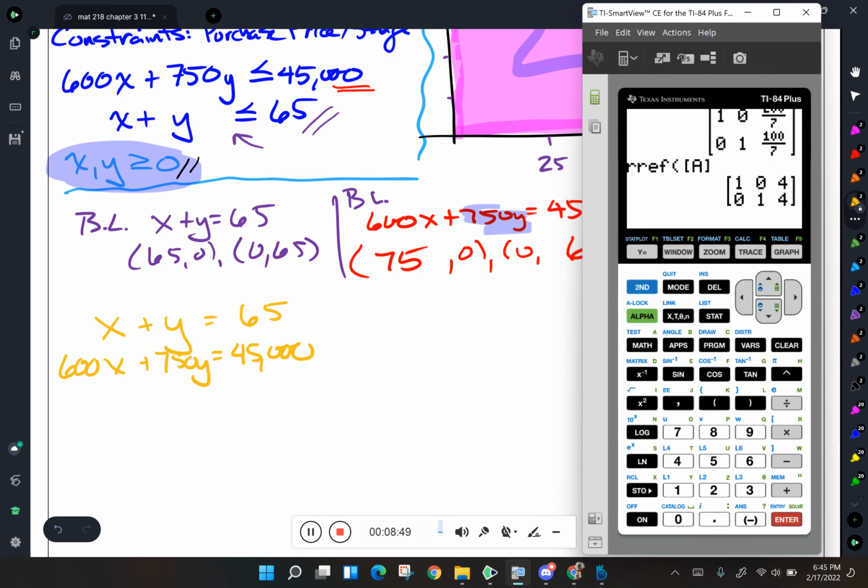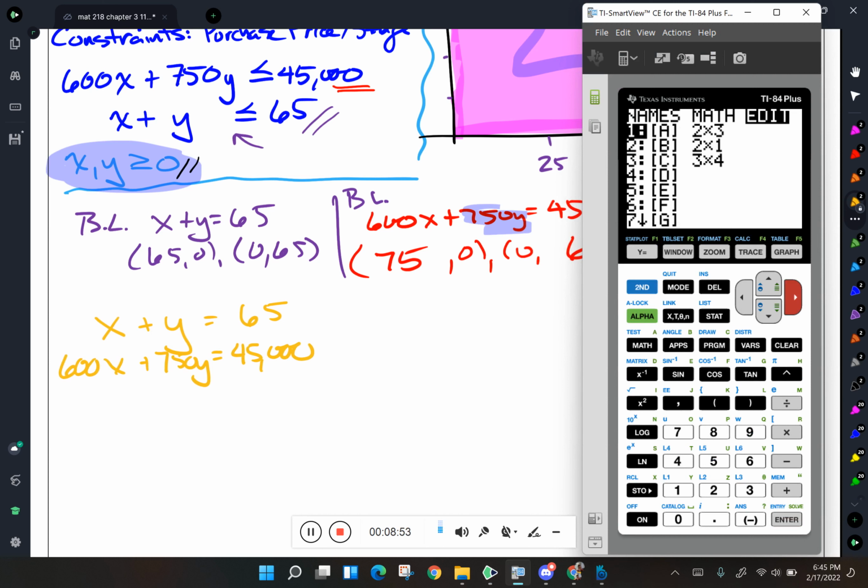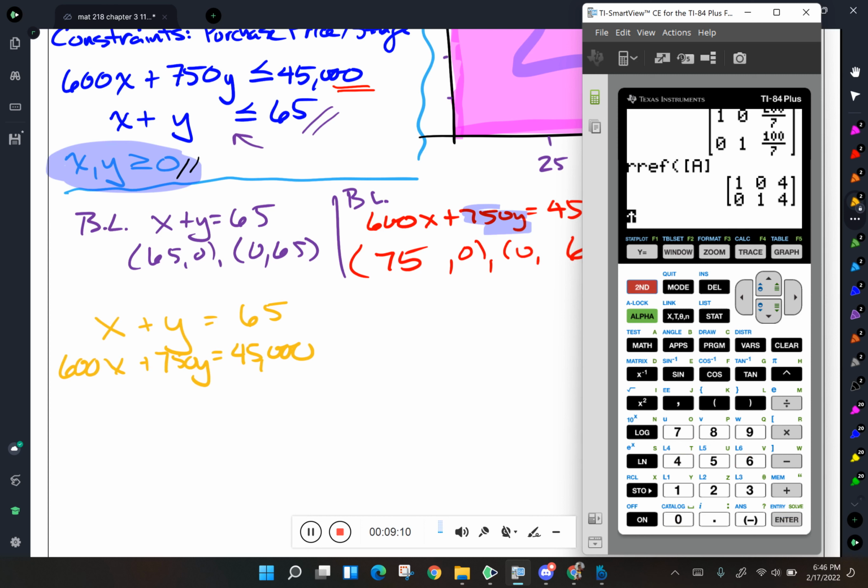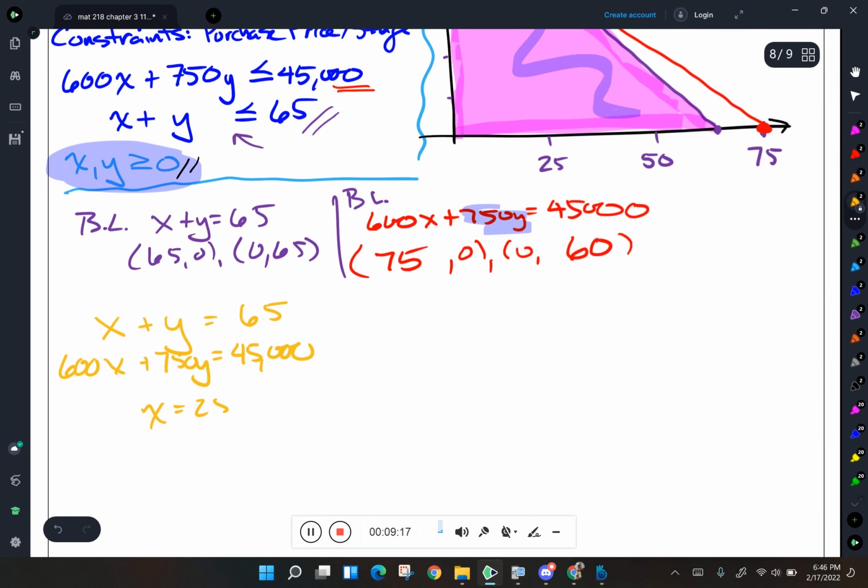So I'm going to grab my calculator, go to my matrix, over to edit. That's a 2 by 3 matrix, so it's going to be 1, 1, 65, 600, 750, 45,000, quit out of there, RREF, 25, 40, so I get that x is equal to 25, y is equal to 40.